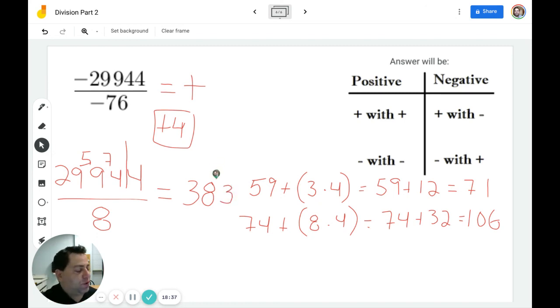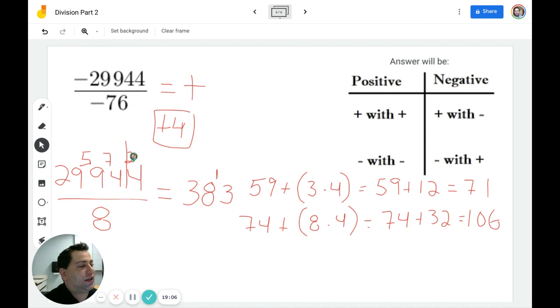Keep in mind from the previous problem that when we write the 13, we write the 3, and then the 1 gets added to the place value to the left. 8 times 13 is going to be 104. 8 times 10 is 80. 8 times 3 is 24. 80 plus 24 is 104. 106 minus 104 is going to be 2.